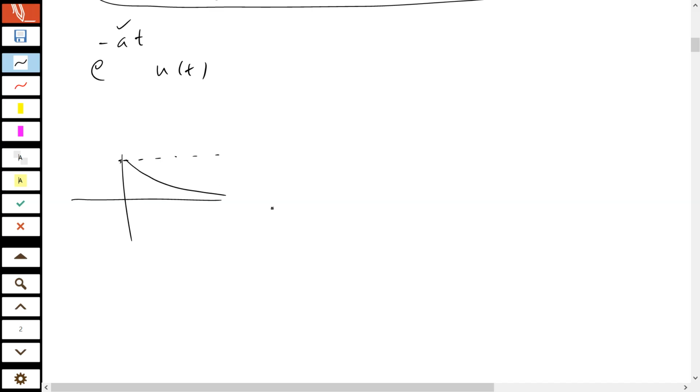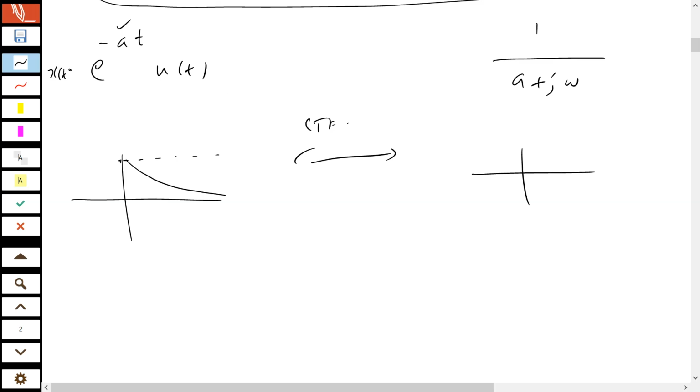You can think about the imaginary part later on. So here the continuous time Fourier transform will be 1 over A plus j omega, right? And you can even plot it. If this is x of t, this will be x of omega, and you can even plot the magnitude and the phase, the angle.